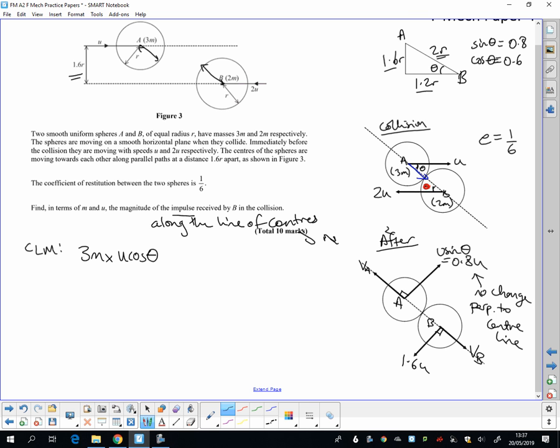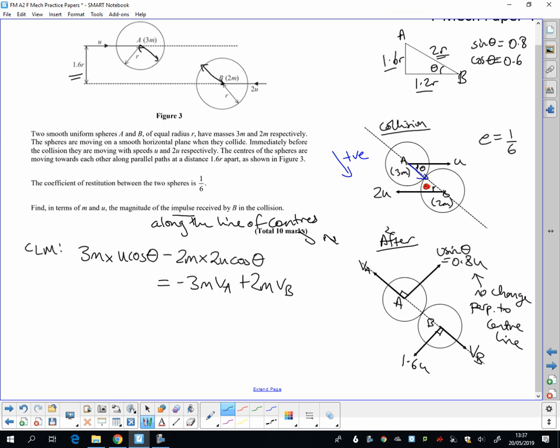Now B is moving in the opposite direction, so I'm going to say the positive direction for momentum is that way. So B is going to have momentum 2m times 2u cos theta. Afterwards, A is moving in a negative direction, so that's 3mVA, B is moving in a positive direction, 2mVB.